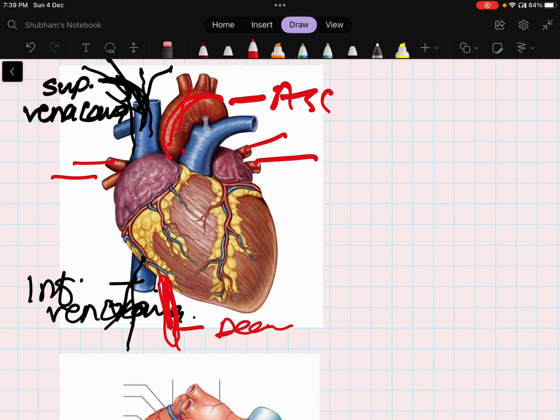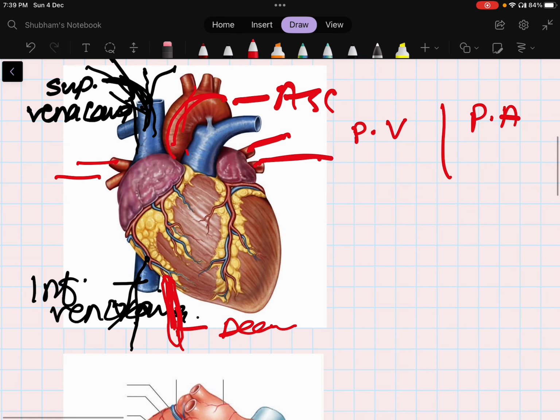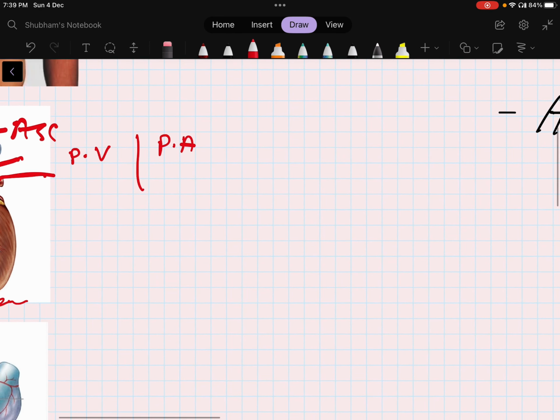What are these? These are pulmonary vessels: pulmonary arteries and pulmonary veins. These are pulmonary veins, and pulmonary artery. So we always get confused about this.